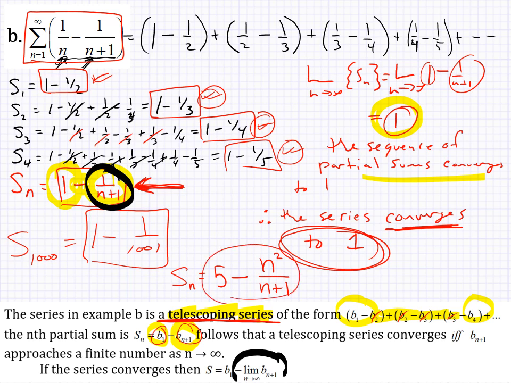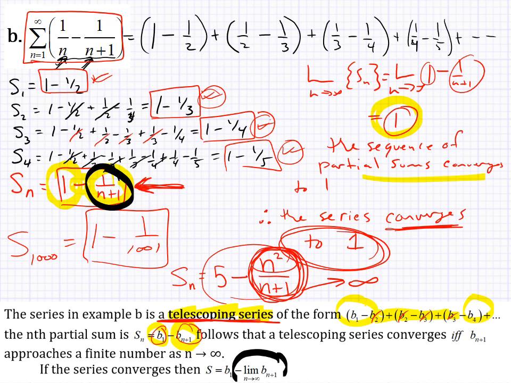If I want to figure out what the 1,000th term is, I plug 1,000 in for n, and that would give me the first 1,000 terms all added together. But look at this thing right here. As n is getting bigger and bigger, what happens to that? As n goes to infinity, that thing goes to infinity because the numerator is bigger.